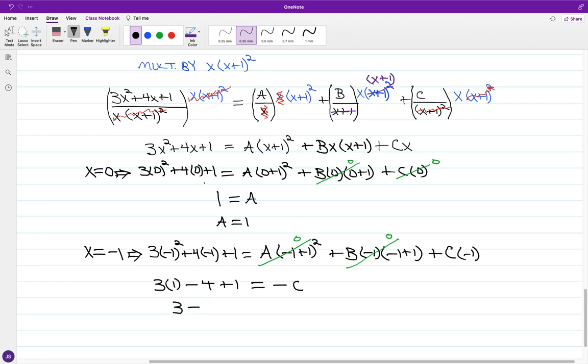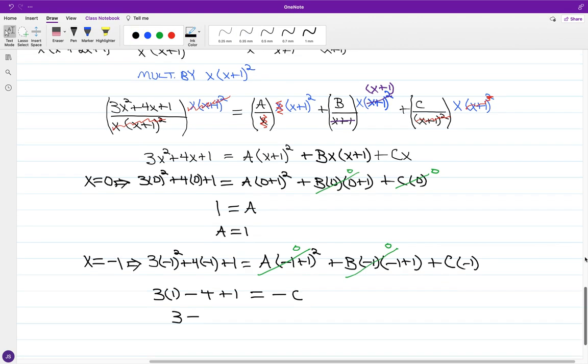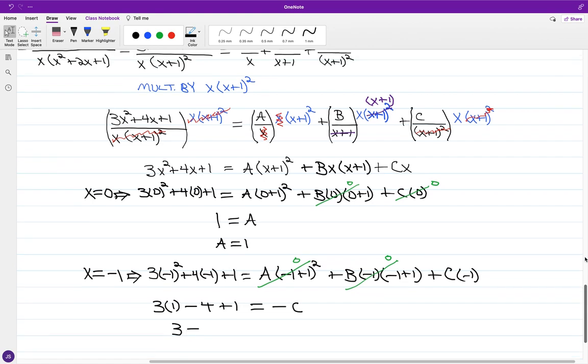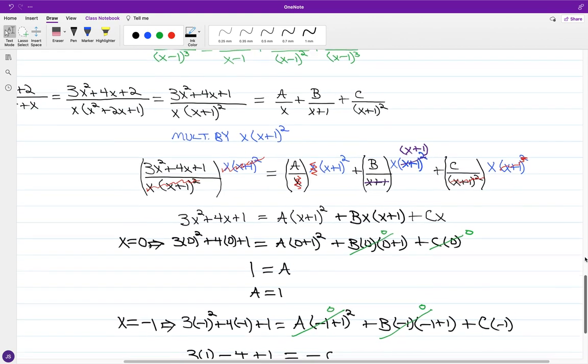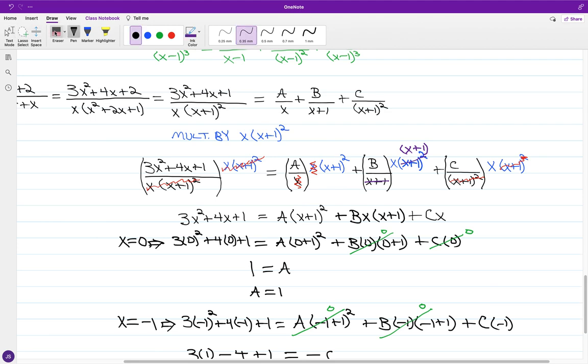Yes, let me double check for x. Ah, 2. That might make a little bit of a difference.